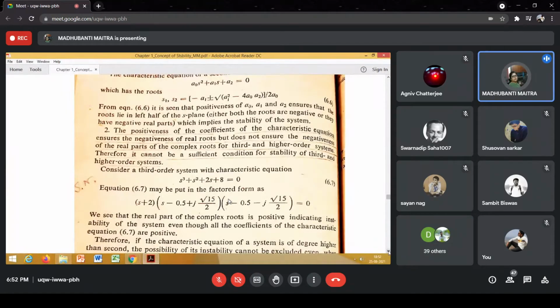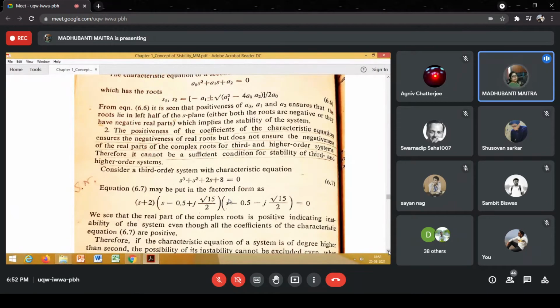That means if we ask whether the system is stable or not, the answer will be a binary one. Either the system will be stable or unstable. The answer would be either yes or no, right? So that is the notion of absolute stability.